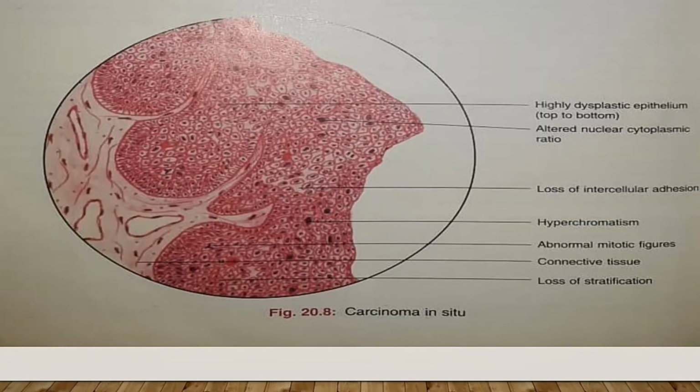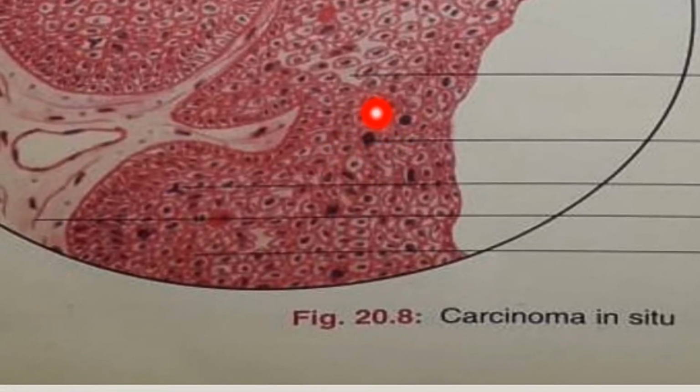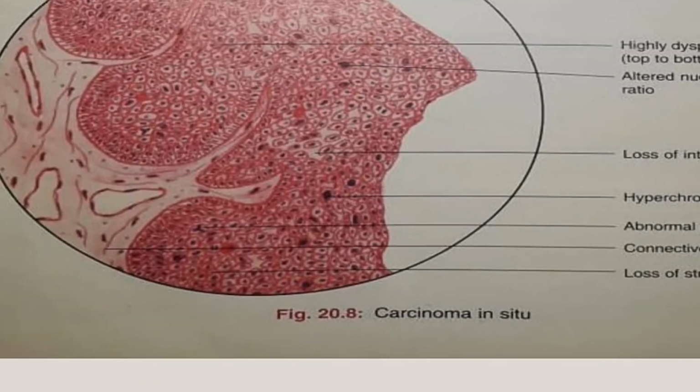In some cells, the cytoplasm has drastically decreased while the nuclear size has drastically increased. So this is the change in nuclear cytoplasmic ratio. Normally the nuclear size is small while the cytoplasmic size is large, but it changes in carcinoma in situ.